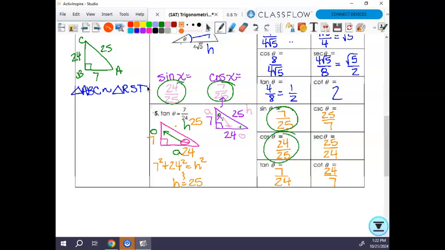What does that little symbol mean? Similar, very good. Because here are your basic symbols that work like that. You've got similarity, you've got equality, and you've got congruence, right? Same size and shape, this means they're proportional, okay? Same shape, different sizes.